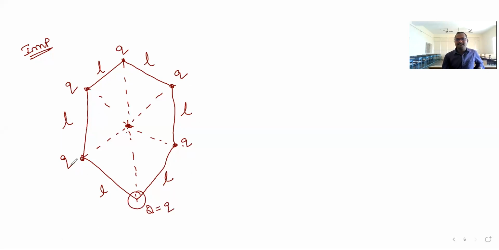Now, because it is symmetrical shape, net electric field at the center point should be 0. That means electric field due to 5 charges plus electric field due to that one charge should be equal to 0. So electric field due to 5 charges should be equal to electric field due to that small charge in opposite direction.